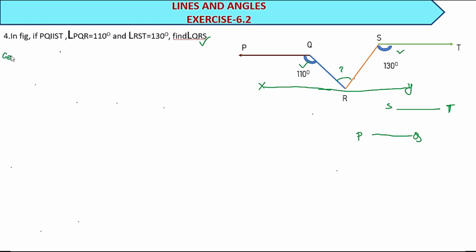So we will write down the construction: XY is drawn parallel to PQ and ST. As soon as XY is drawn parallel to PQ, this angle and this angle are consecutive interior angles.